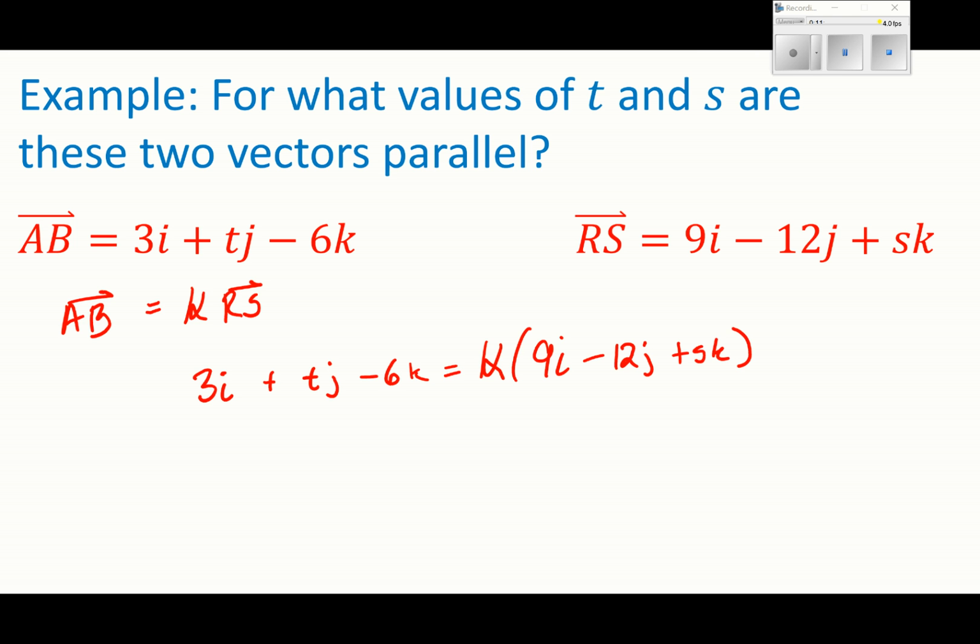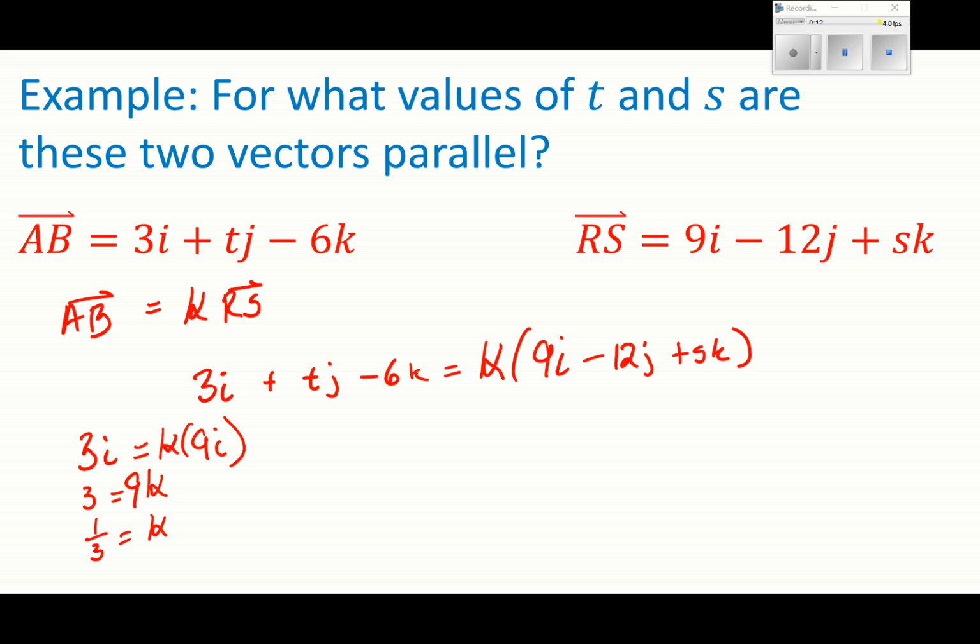For it to be parallel, we're going to look at each individual component. So therefore, 3i has to be equal to our cursive k times 9i. So they're both going in the i direction, so I don't have to worry about the i. So I can just say 3 is equal to 9k. So for this, 1/3 is equal to k.